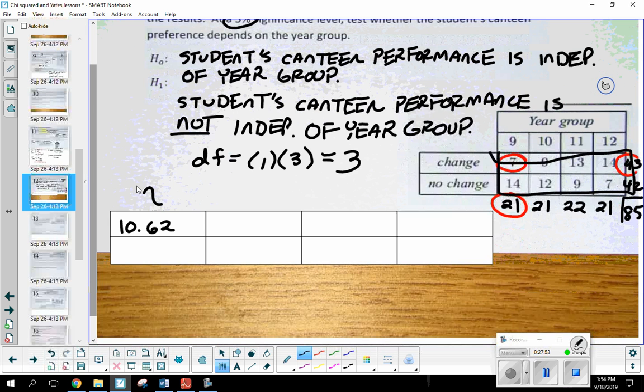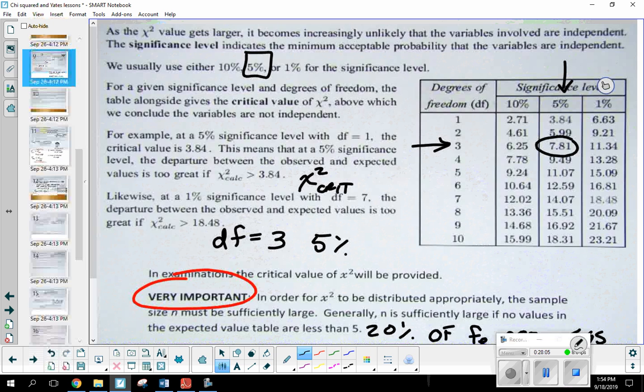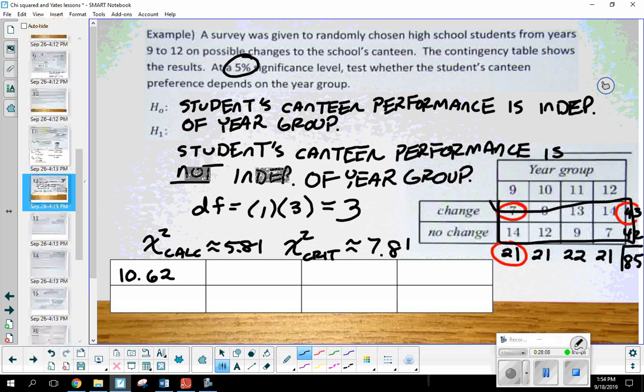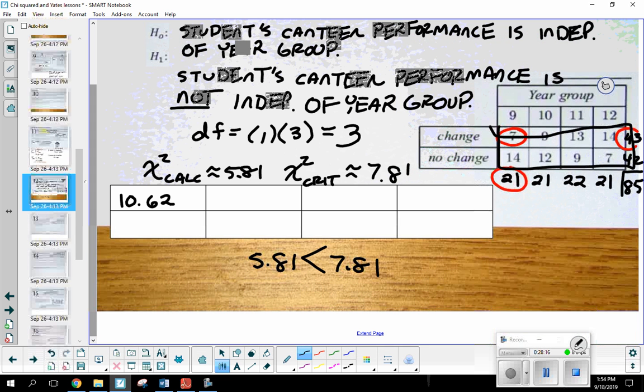So let me write this again. So chi-squared calculated came out to about a 5.81. Now the chi-squared critical from the table, that was 7.81. Now go ahead and compare the two. 5.81, 7.81. Okay, well, it looks like 7.81 is larger, right?